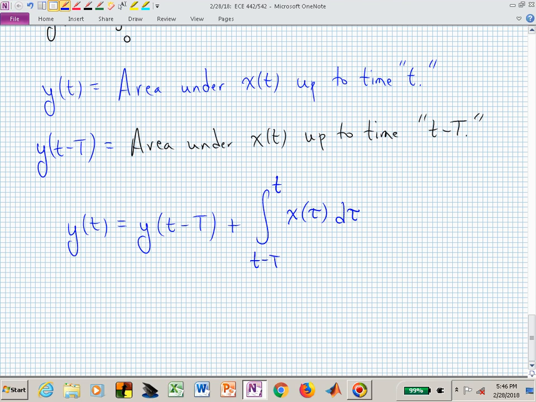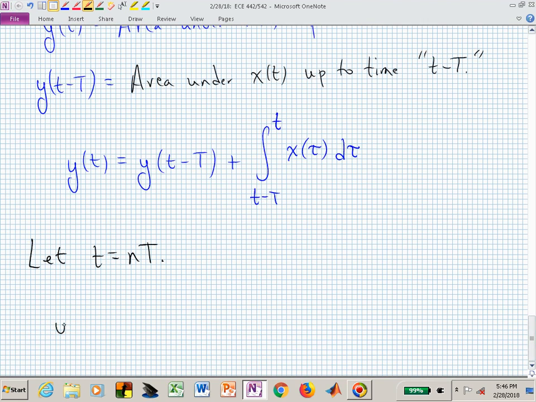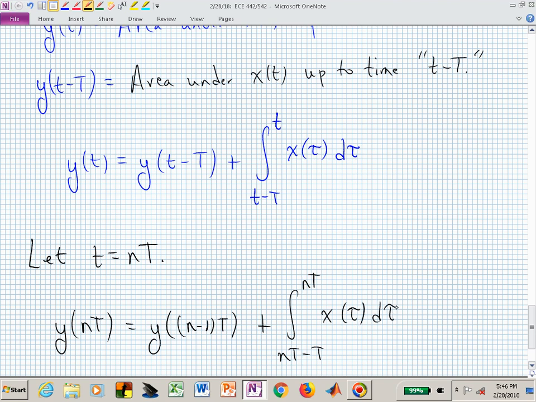To do that, let's slice up our time axis by letting little t be little n capital T. So that now we have y of little n capital T equaling y of, if I put in little n T for t, n minus 1 capital T, plus the integral from nT minus T to nT of x of tau d tau.